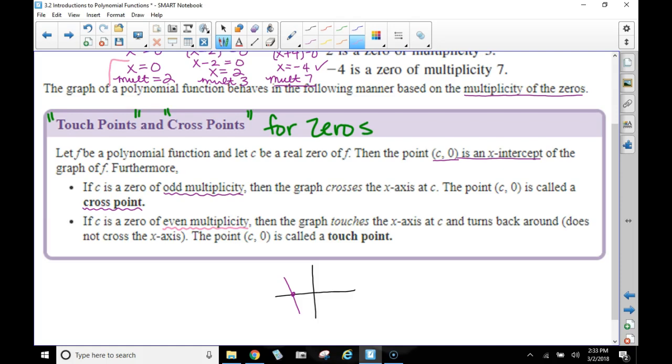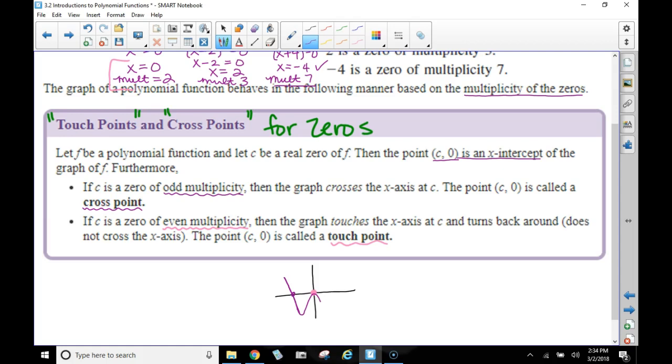So for example, right here, where x is equal to 0, we have an x-intercept there, but this is only going to be a touch point. What that means is that our function crossed at -4 because it was an odd multiplicity. It's going to come up here and only touch here.